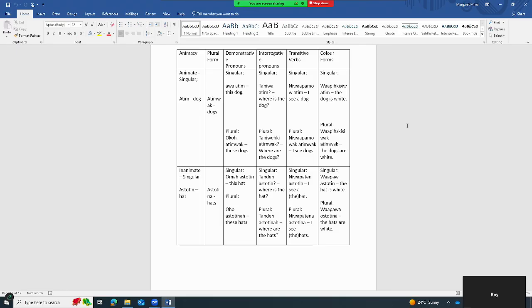Nawabahten astutin. I see a hat. Plural. Nawabahtena astutina. I see hats.